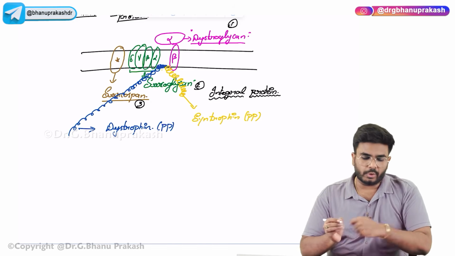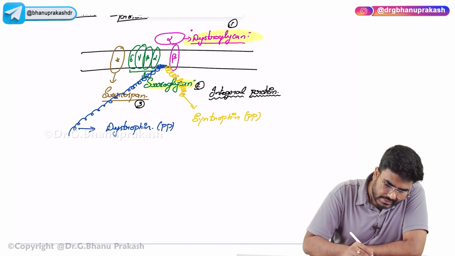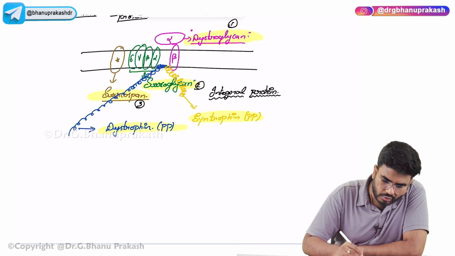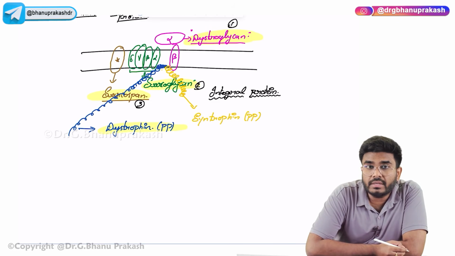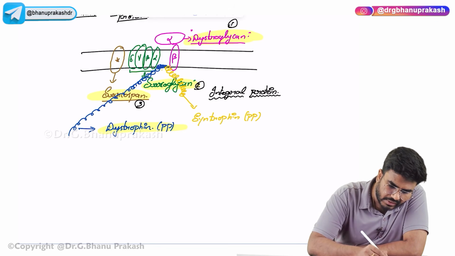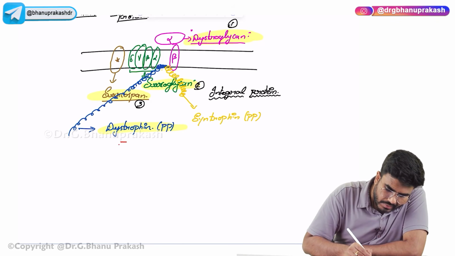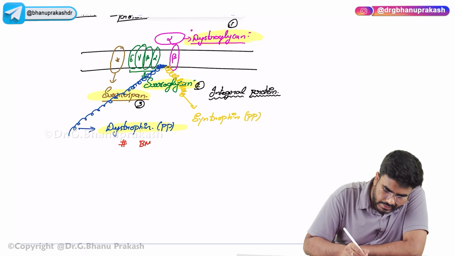So in total, the proteins are dystroglycan, sarcoglycan, sarcospan, dystrophin and syntrophin. Which of the following is a peripheral protein? Syntrophin and dystrophin. If you have a deficiency of dystrophin, I have already explained this in general physiology: it causes Becker's muscular dystrophy.